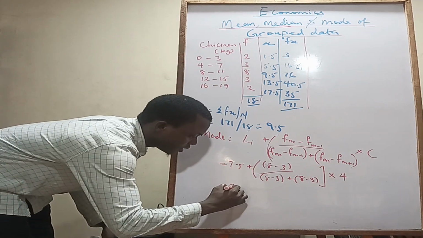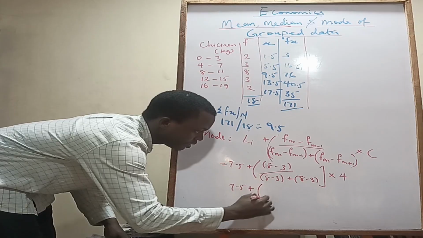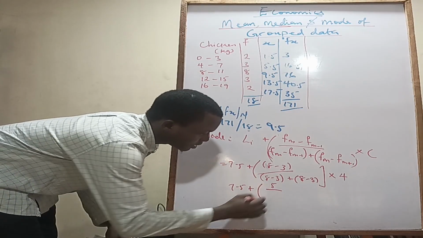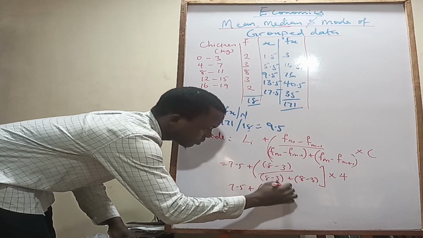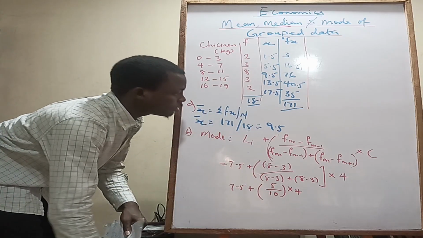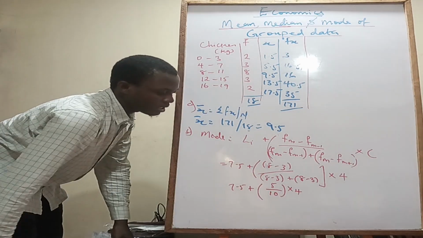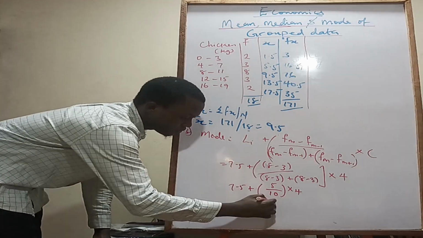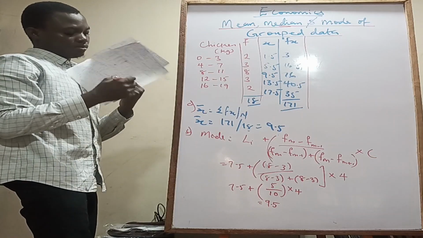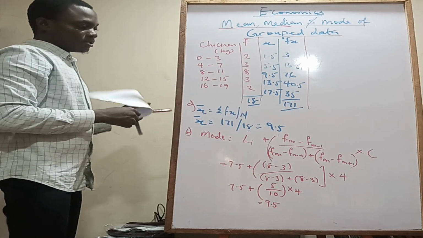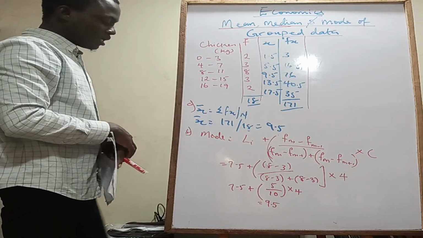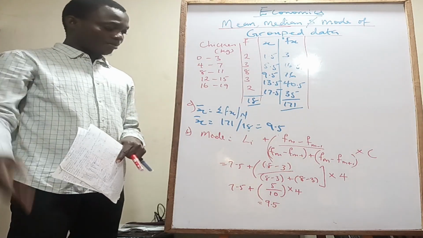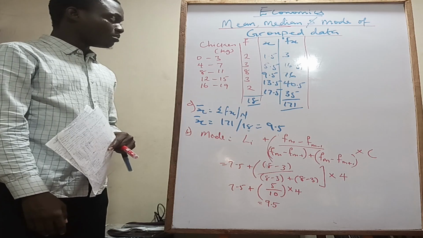So 7.5 plus 5 over 10, multiply by 4. 5 over 10 is half. Half times 4 is 2. 2 plus 7.5 is 9.5. So in this situation, it happened that our mode is same as our mean. It just happens to be like that.